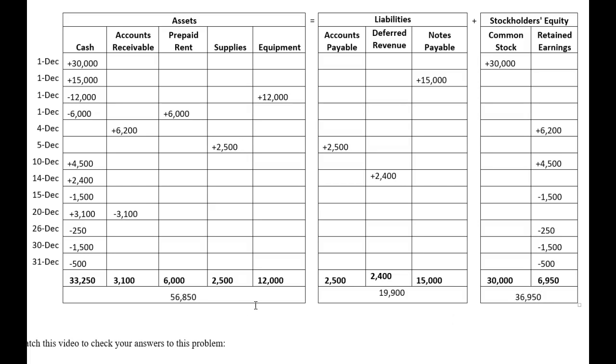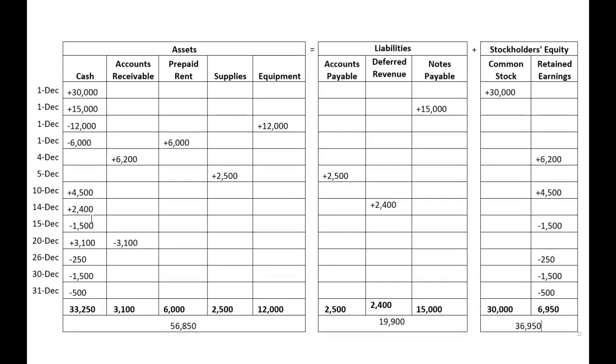Now, if we add 19,900 with 36,950, you come up to 56,850, which means our accounting equation is in balance. So please notice, when we do these transactions, there's dual effect, always keeping the accounting equation in balance. Hopefully, as you tried this, you did really well. Now we're going to move on to the next lecture, where we learn how to actually record these in terms of debits and credits, which is what we really use within our system.